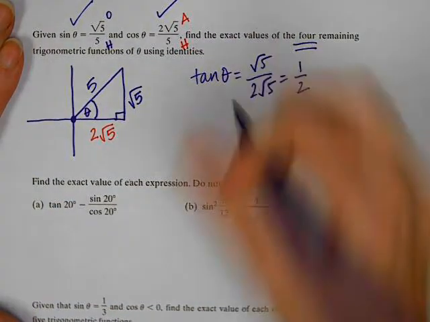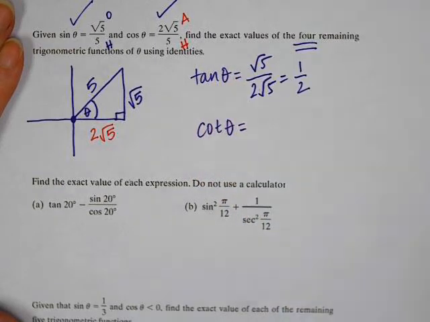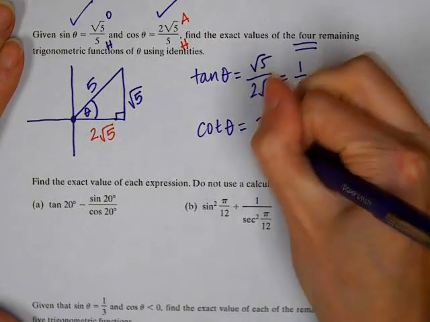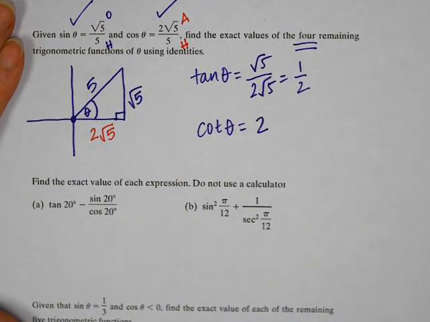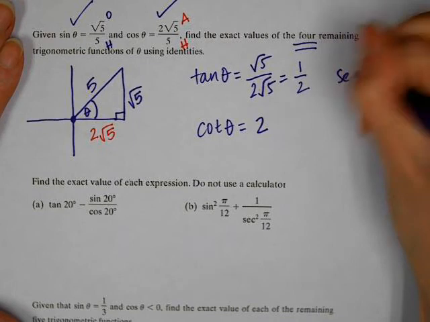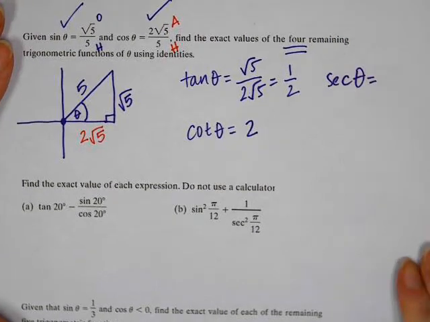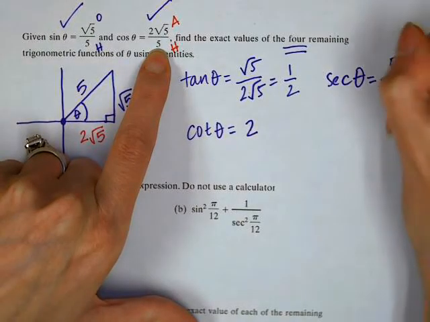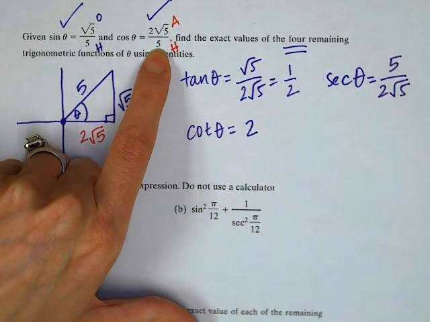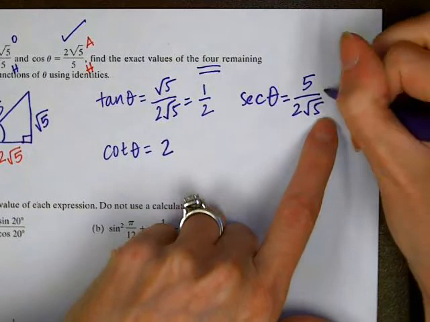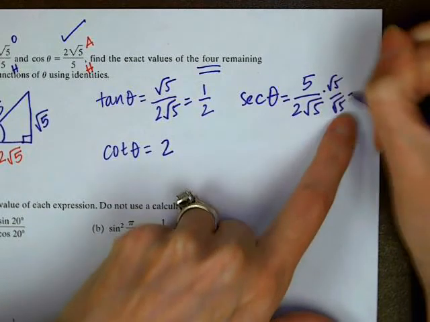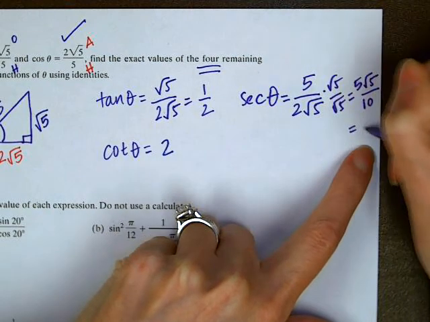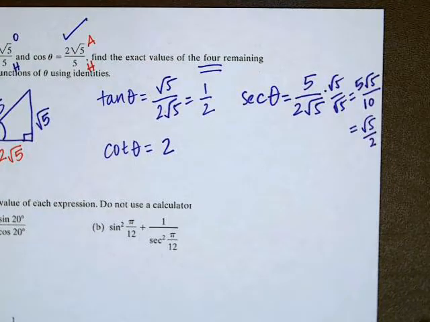Okay, and then we need cotangent. Well, cotangent is just the reciprocal of tangent, so that's easy too. And then secant and cosecant. So secant is the reciprocal of cosine, so that's 5 over 2 root 5. Now if we rationalize it by root 5, that's going to be 5 root 5 over 10, which is root 5 over 2.